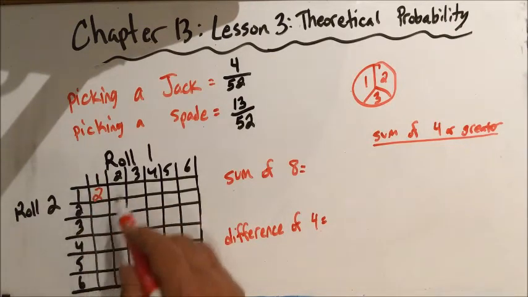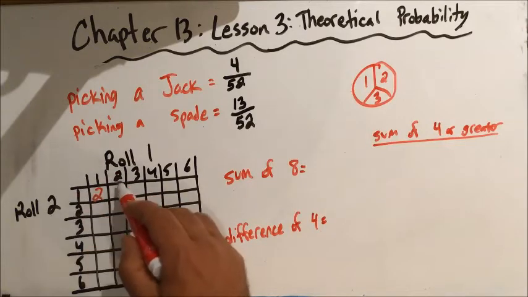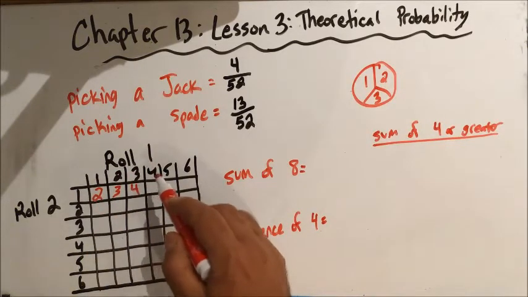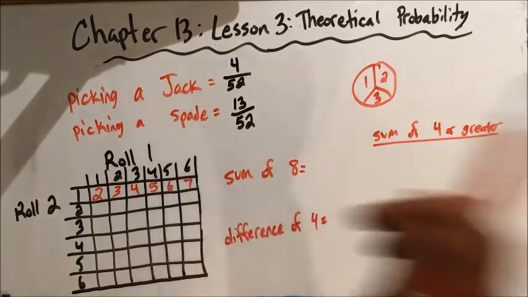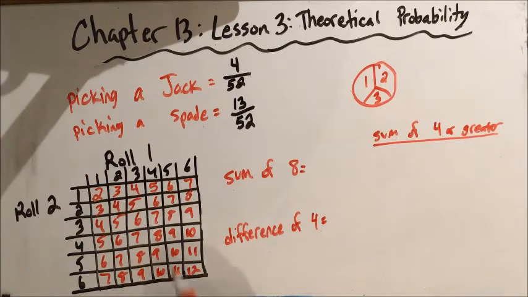If I rolled a 2 and a 1, I'd get a 3, and a 3 and a 1 would be a 4, and so on. Now I have all my numbers in here, and I can see all the different sums of the 2 dice.